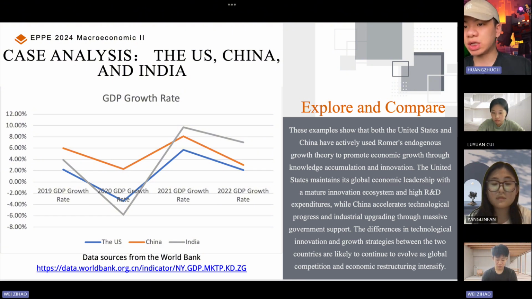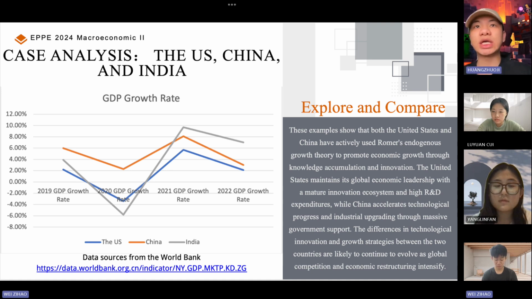The difference in technological innovation and growth stages between the two countries is likely to continue to evolve as global competition and economic restructuring intensify.